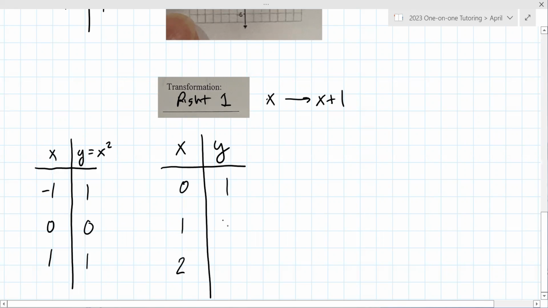Okay, and no change to y. So we got that. All right, I want you to graph the new points for me on your graph, please.